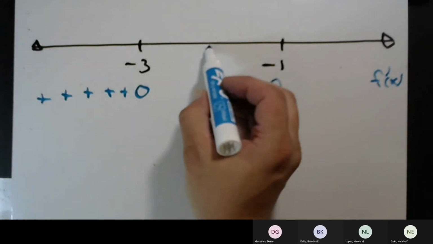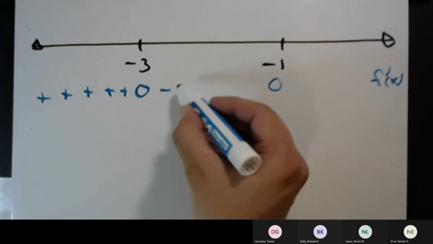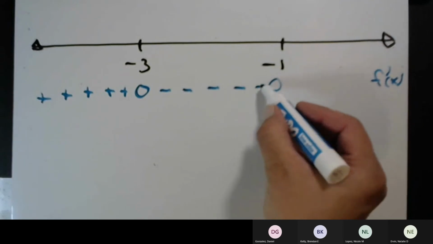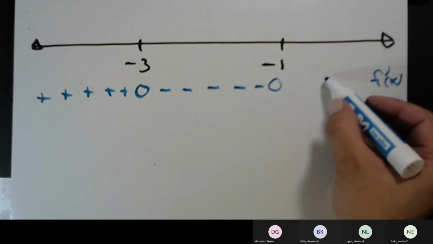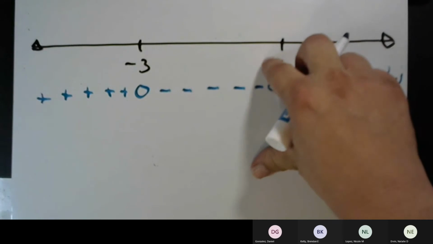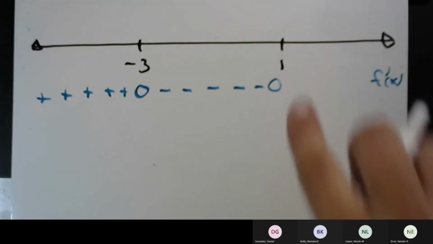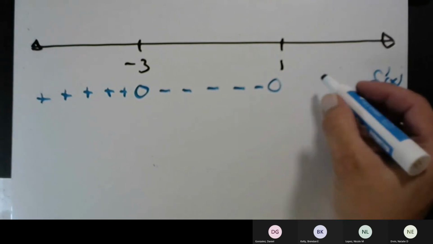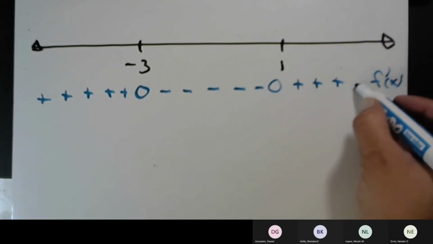Then we used 0 as a test point in this interval, and f prime of 0 was negative, so we have negative for that interval. And using 2 as a test point, we got positive again.